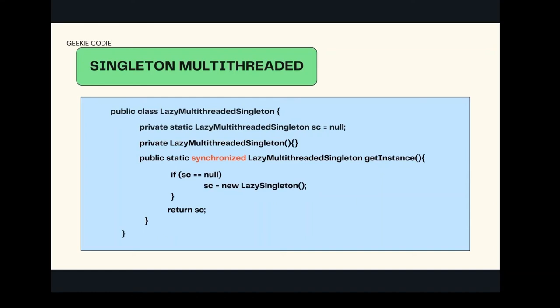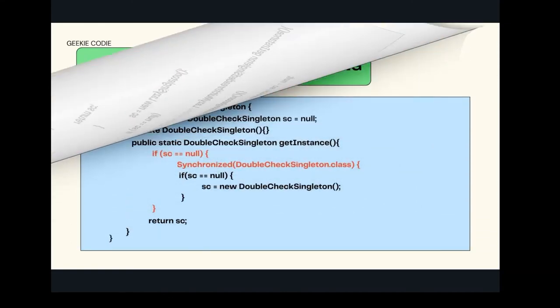In that case the if condition, singleton object equal to null, will fail for the second thread, so it will not create a second object, and we will return the older object of the same class.